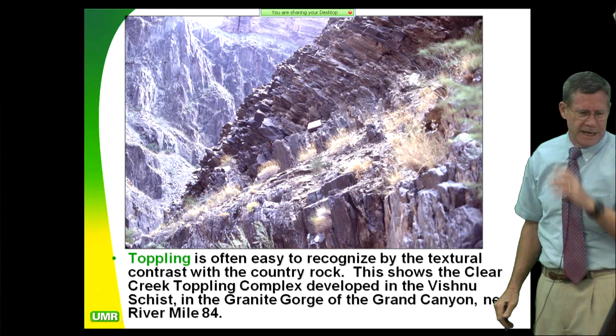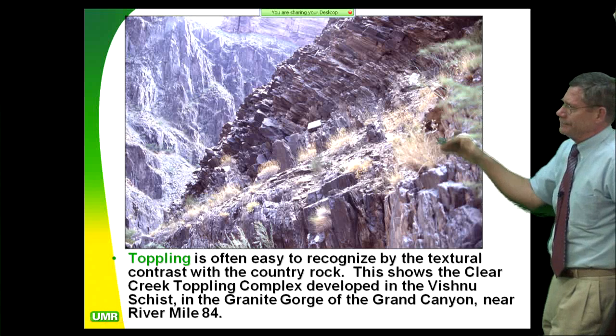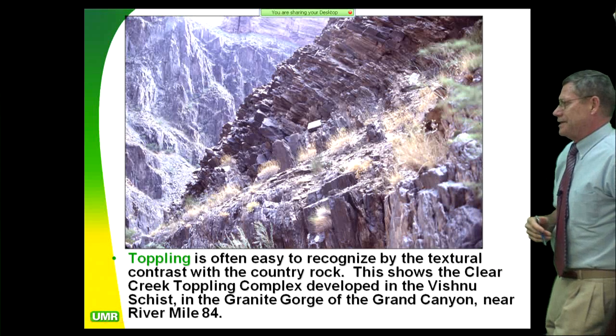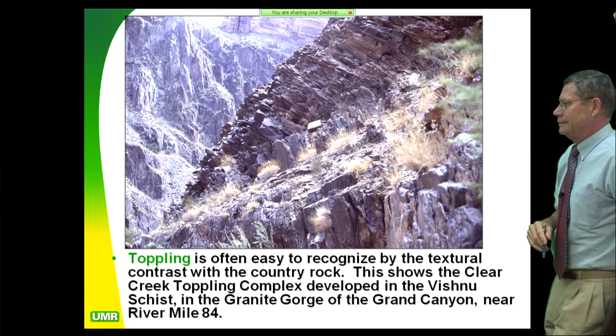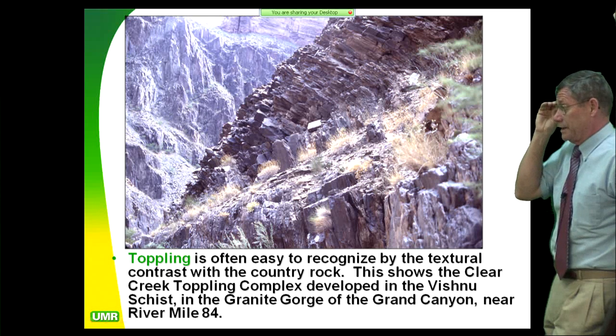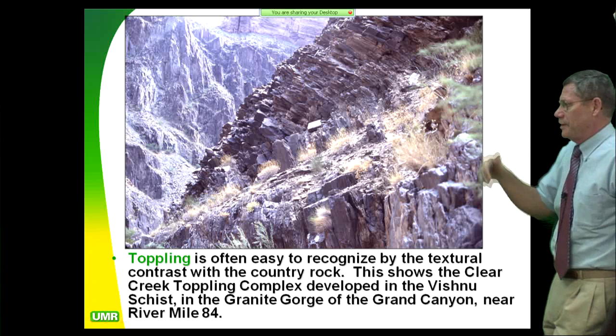Here's what a flexural topple looks like. This is another one out in the Grand Canyon region. I had a National Science Foundation grant back in 1978 to go down the canyon and map these things using terrestrial photogrammetry, and I was just overwhelmed with how many of them we found.